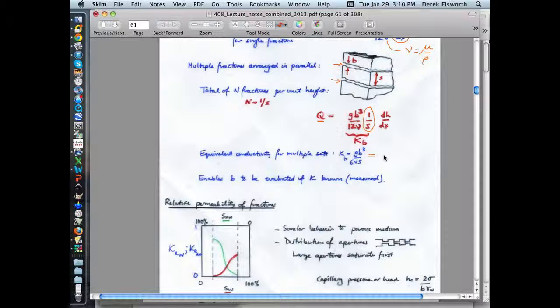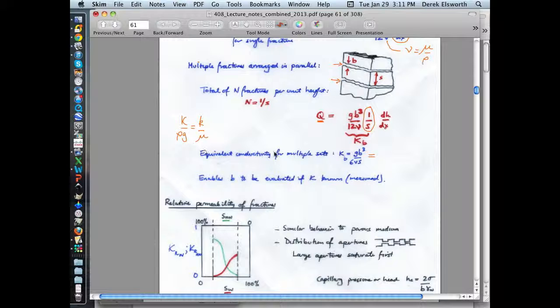We said it was 12, but for one fracture, in our terminology, this is B cubed over... let me do that differently. I could derive it from there because we know that hydraulic conductivity divided by density and gravity is equal to permeability divided by viscosity.